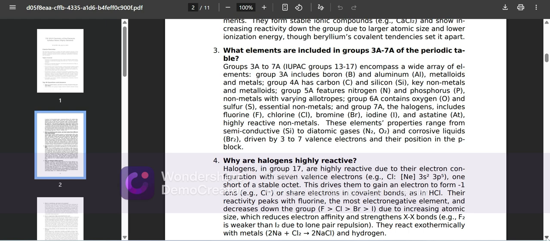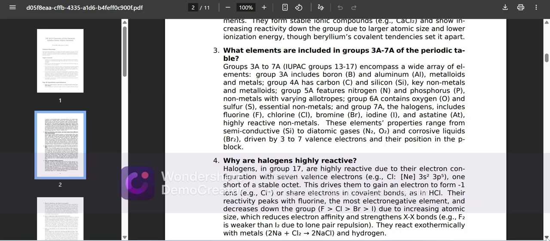Group 4A has carbon and silicon, key non-metals and metalloids. Group 5A features nitrogen and phosphorus, non-metals with varying allotropes. Group 6A contains oxygen and sulfur, essential non-metals.